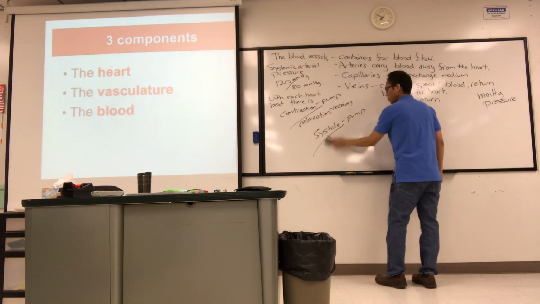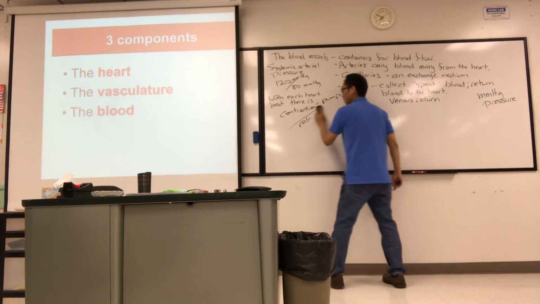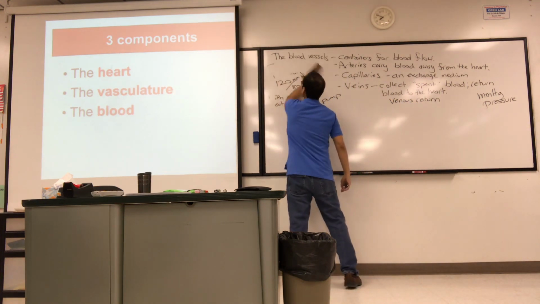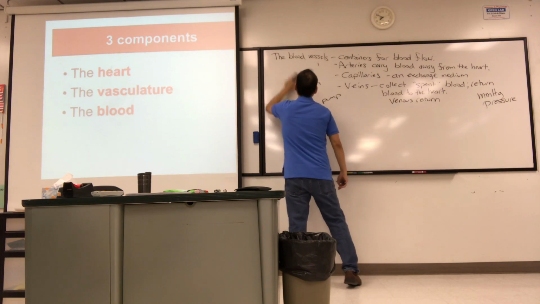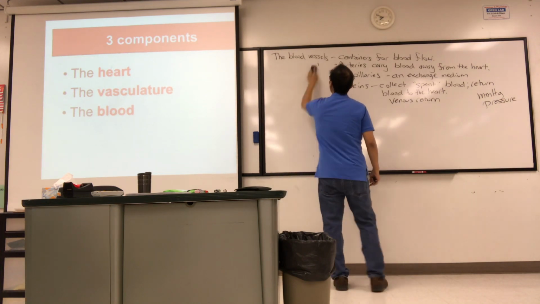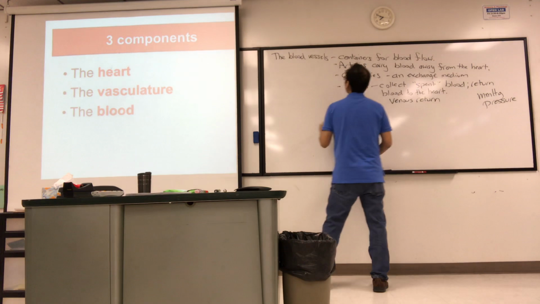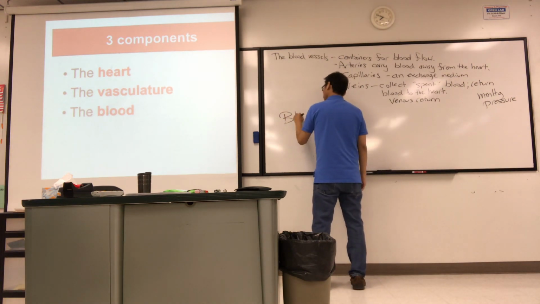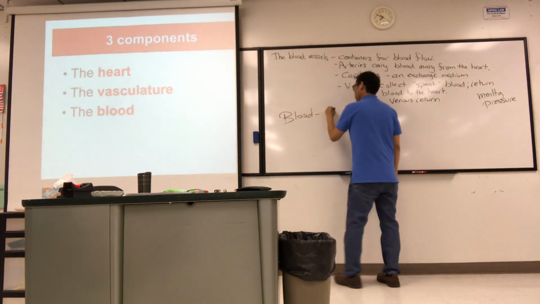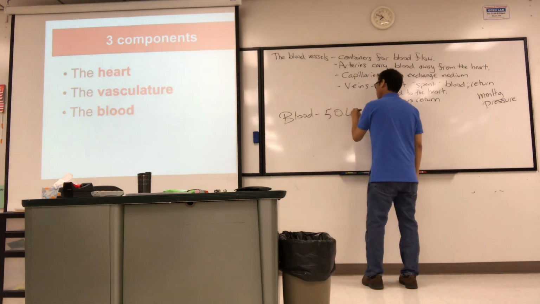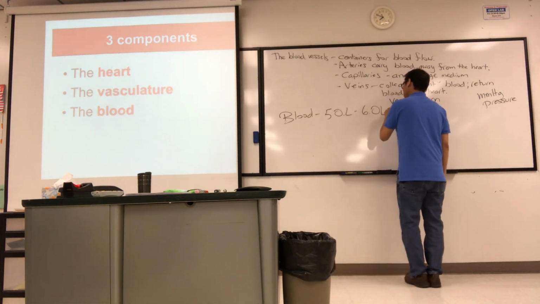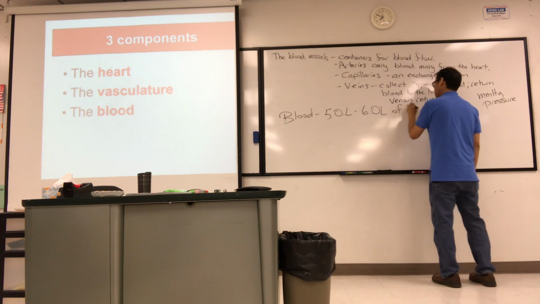All right, so the blood, they're circulating the blood. Clear some of this out. Life-giving blood. In the average adult, you only have about 5 to 6 liters of blood that is circulating.